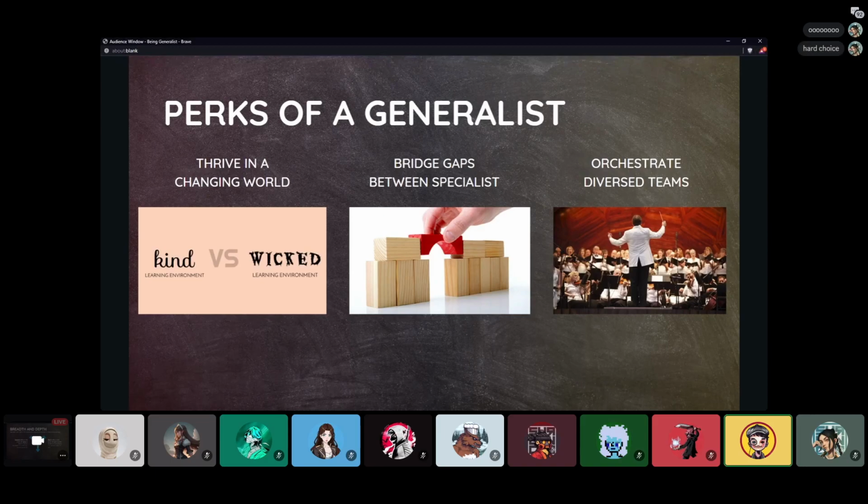So generalists basically can adapt to new situations and challenges. At the same time, they can tackle complex interdisciplinary problems. And the second one is, as generalists, you bridge gaps between specialists. Why?